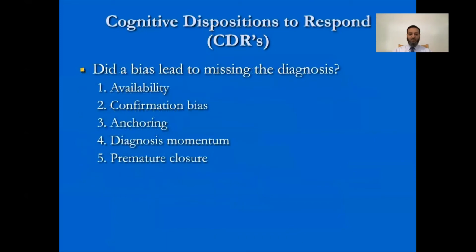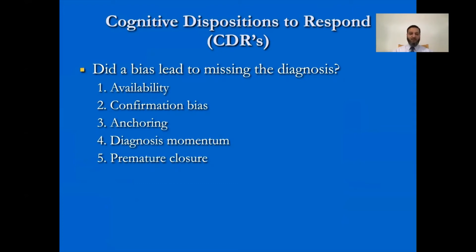So why did we miss the diagnosis? Was there a bias or cognitive disposition to respond that caused us to miss the diagnosis? Was there an availability bias? Possibly, right? Because case number 1 that we talked about in this lecture was an intussusception case. So maybe intussusception was more readily available in your mind, and you thought about that as the working diagnosis on this patient.